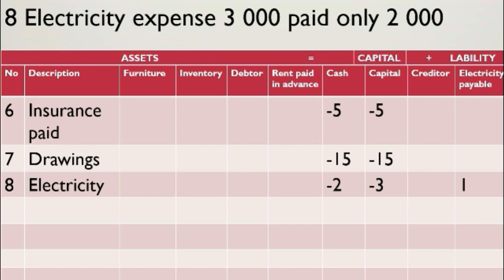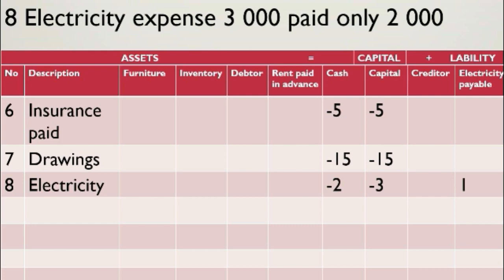Earlier we learned expense will affect profit and it is adjusted in the capital column. So we have paid only 2,000 but the expense is 3,000. So we have to go to the capital column and deduct 3,000, not 2,000, because we have to pay the balance 1,000 later. So here cash asset is reducing by 2,000, capital is reducing by 3,000 because of an expense.